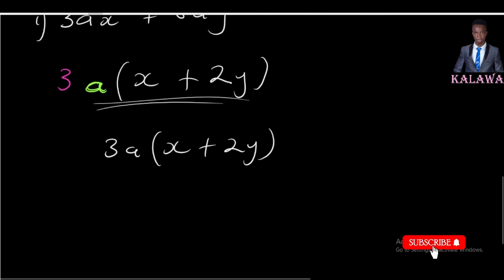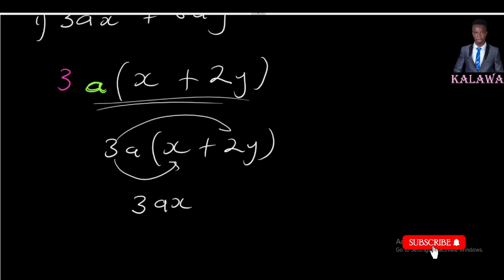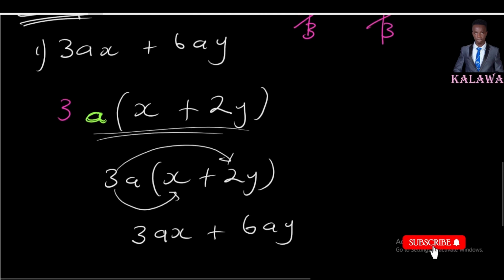So let's multiply. 3a multiplied by x is going to give us 3ax. And then this same 3a multiplied by 2y is going to give us plus 3 times 2, which is 6ay. So now compare. Is it not the same?